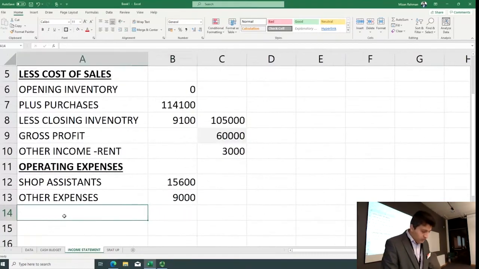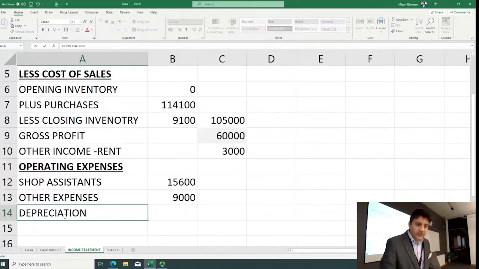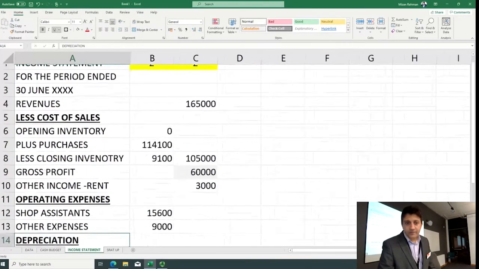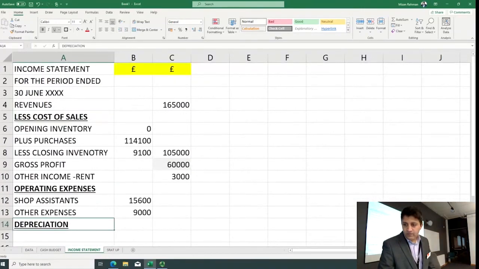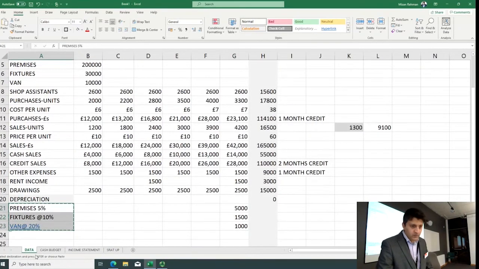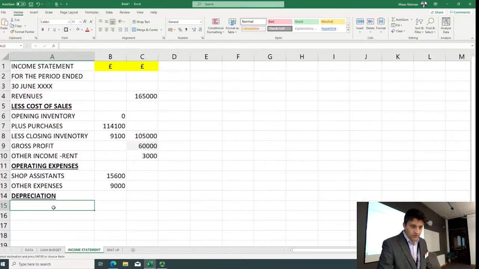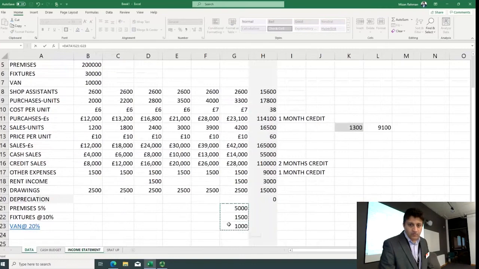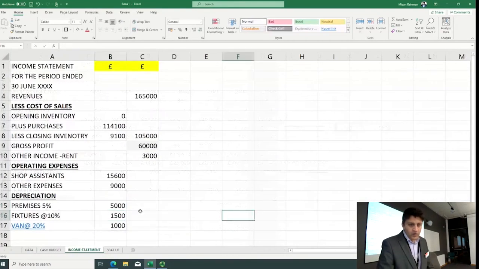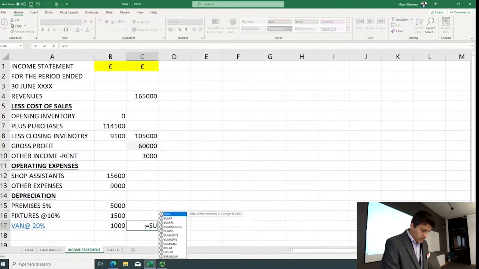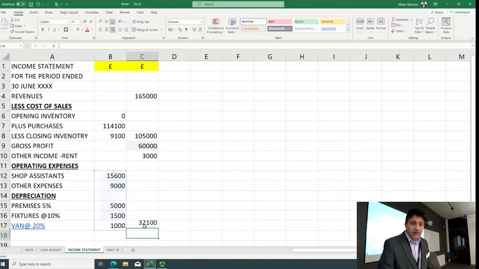So we will go to the depreciation heading, let's make it a bit smaller. $515. Good. That's done.